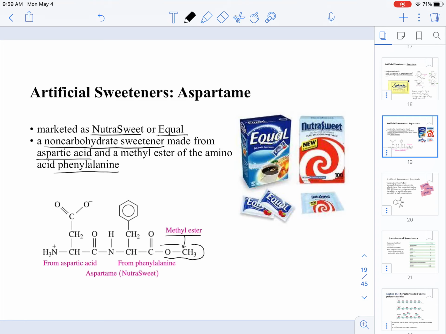Now, similar to what has been observed in animal models with sucralose, when animals have been exposed to high levels of aspartame, not only kidney or liver effects have been observed, but it has also been documented that aspartame causes addiction.